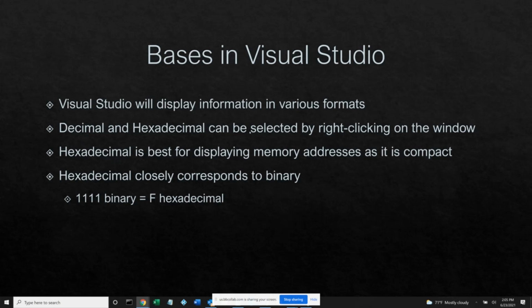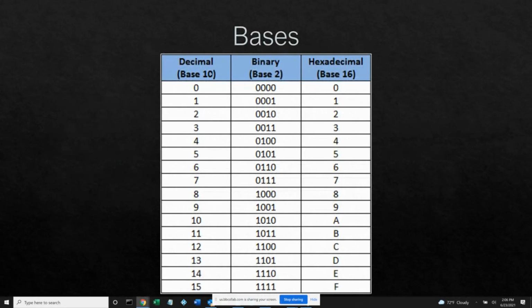But you can generally right-click on a window that's displaying information and specify that you'd like to see that in hexadecimal. Hexadecimal is usually best for displaying memory addresses because of its compactness, and also because it closely corresponds to binary.